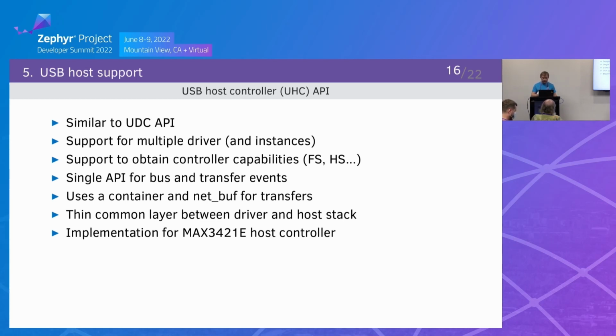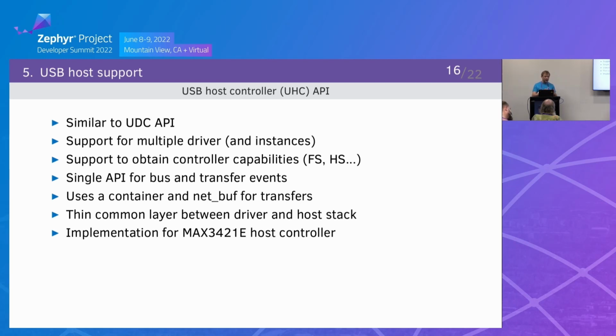It's a container that can be put in a doubly linked list in the driver, and the reason is that on the host side it's a bit simpler to handle everything.